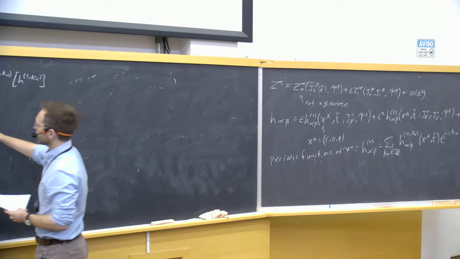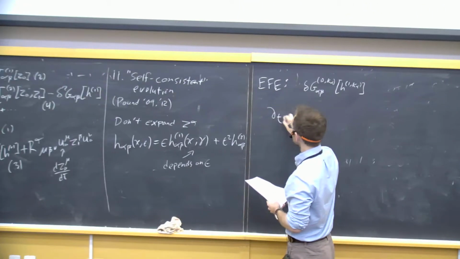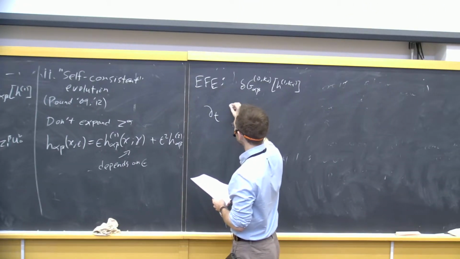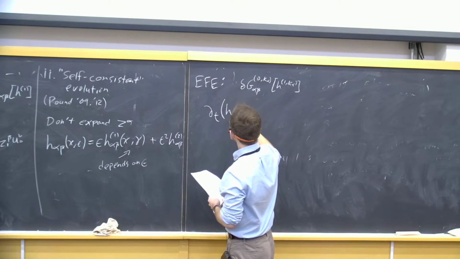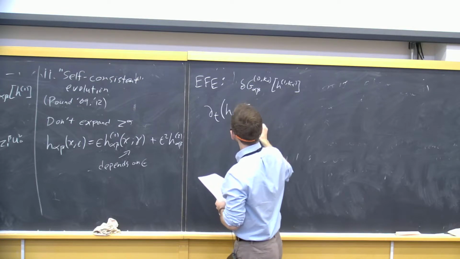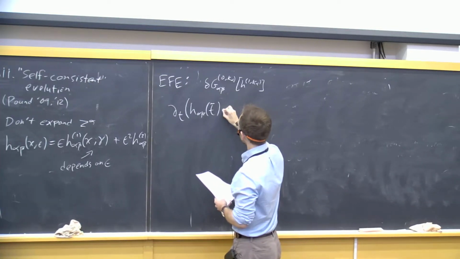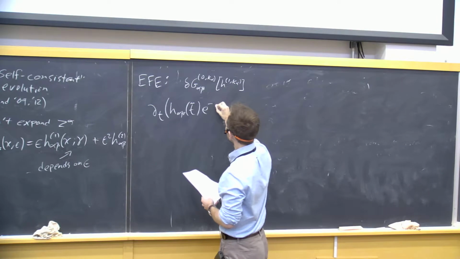So think of an operation like partial derivative with respect to t acting on one of these functions, where you had a dependence on slow time, and then you had phase factors.